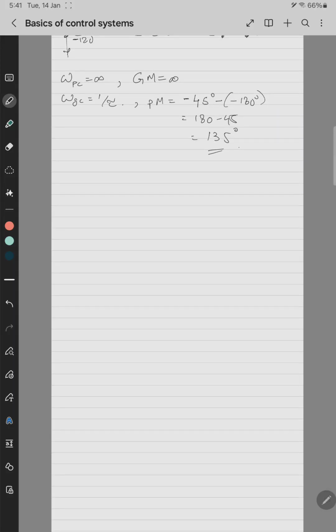Also, let's see another. Let's see a generic example. Let me draw. Let me write mod of G of j omega in decibel. It is understood that it is in decibel, and this is log of omega.